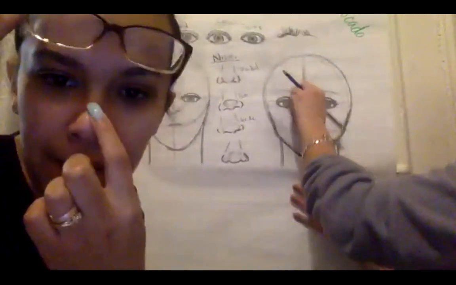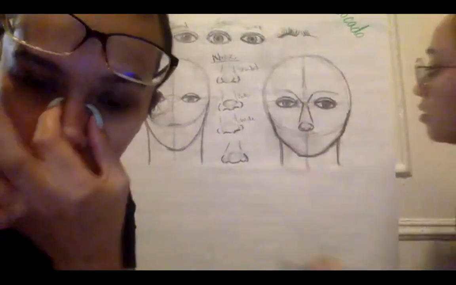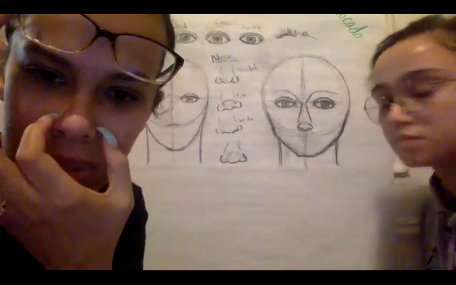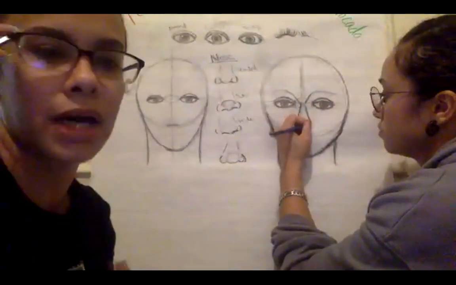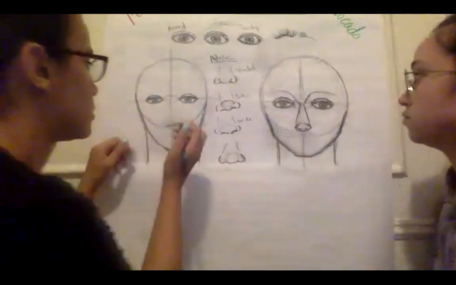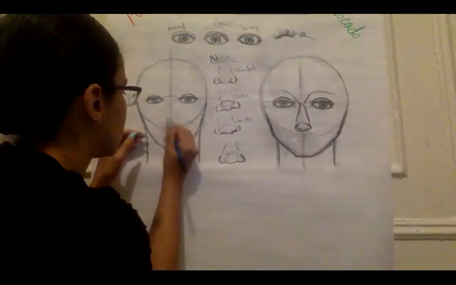So now looking at mine, where the bridge of my nose is, it's a little wider, just a little bit. And then it kind of fans down to meet the bottom of my nose. So my nose is more of like the button. So I'm gonna go ahead and do the same to Miss Avocado.